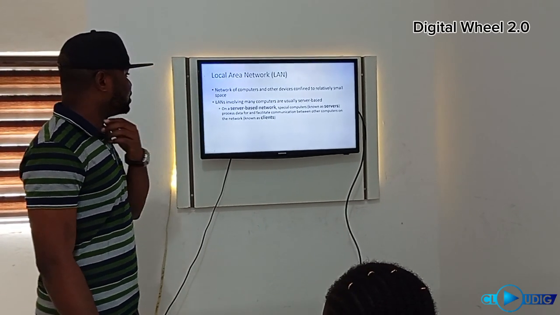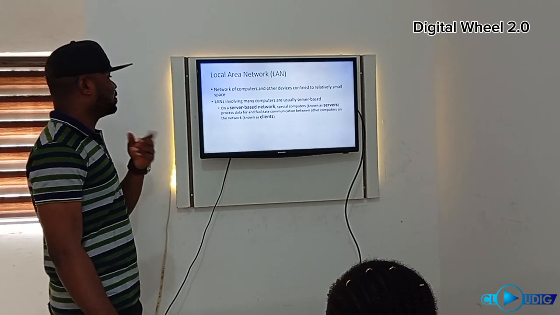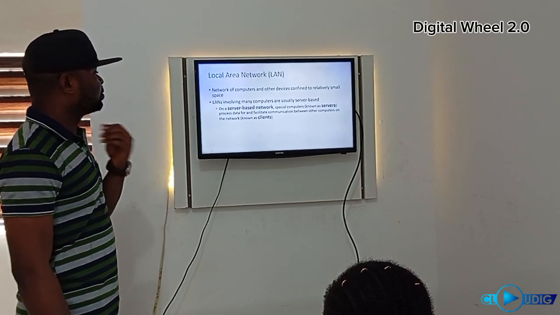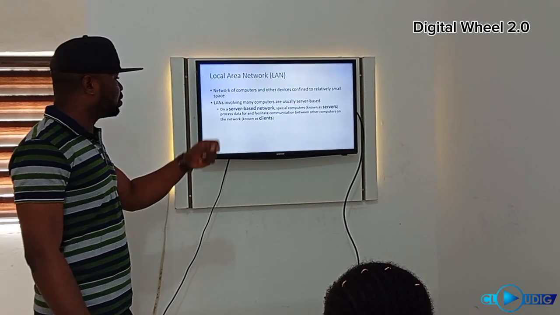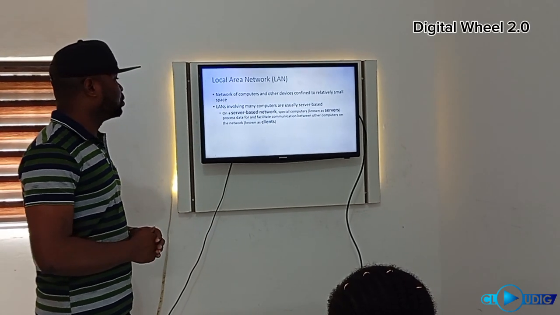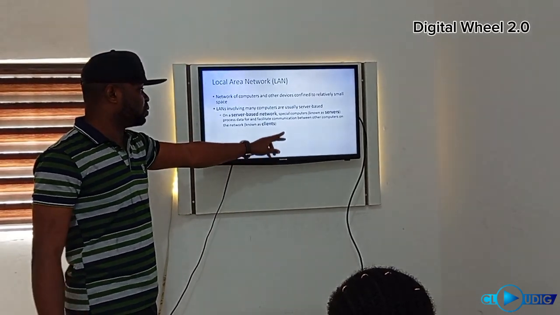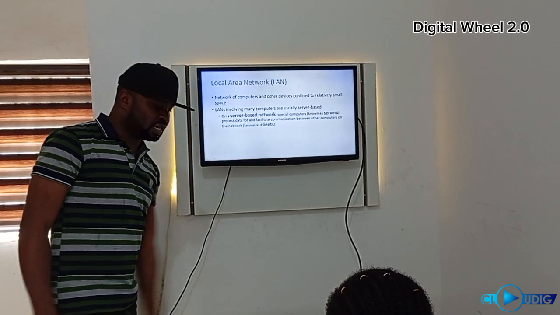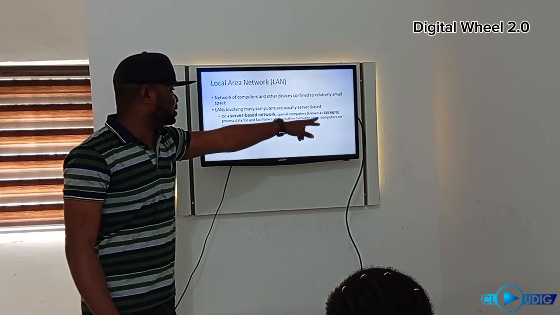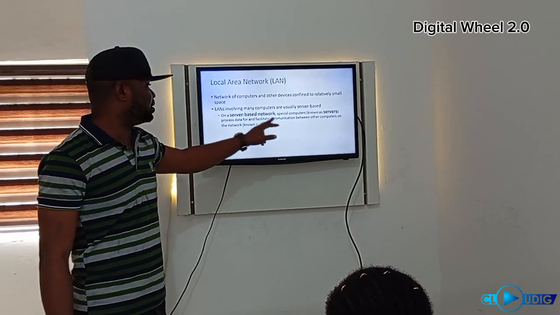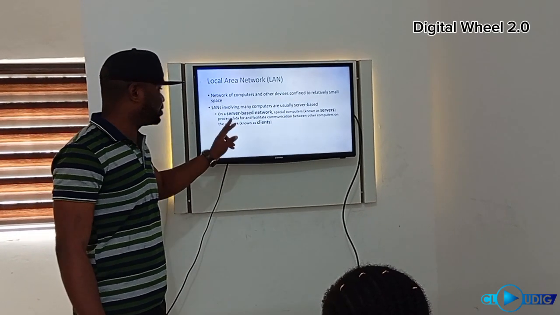On a server-based network, special computers known as servers process data for and facilitate communication between other computers on the network. And all those other computers on the network are called clients. Now, what is a server? On a server-based network, special computers known as servers process data.